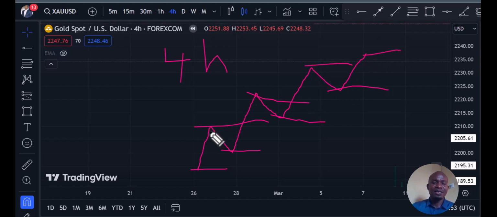After you have marked these up, you watch out for the reaction here. If there's a rejection here and a confirmation, they might take a sell. You watch out for the reaction here. If there's a rejection or a support here, with confirmation, they might take the buy. That's how we ride the waves, and that's how we trade using markups.